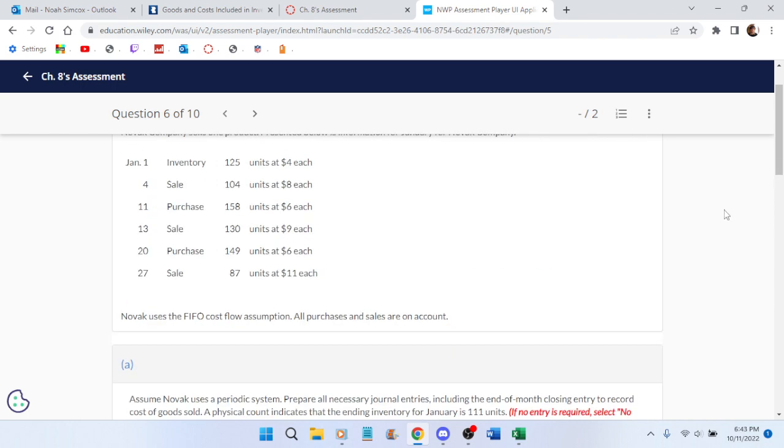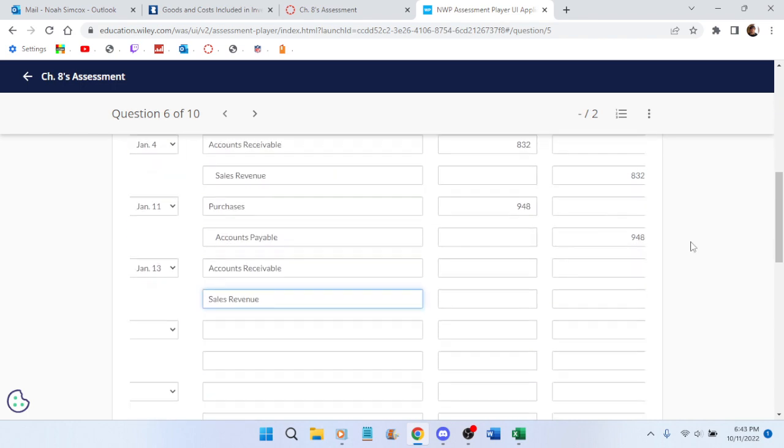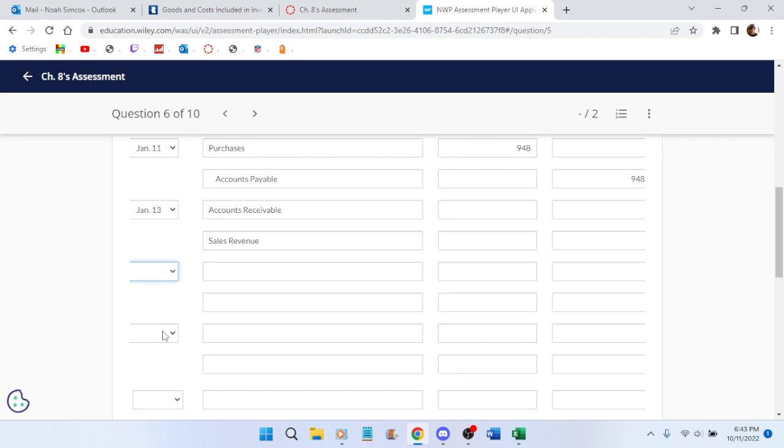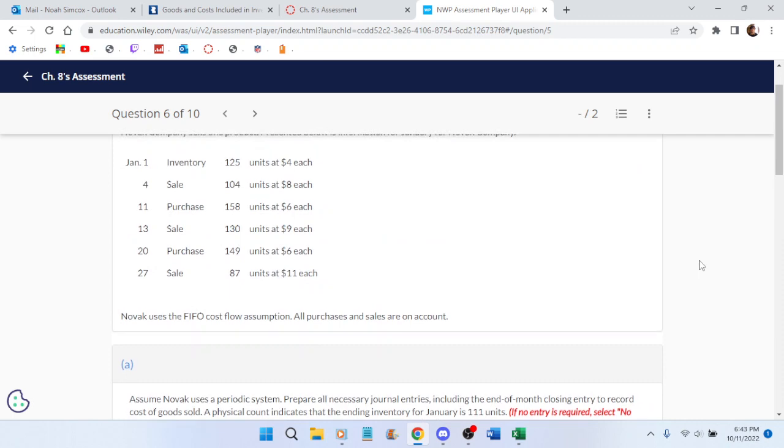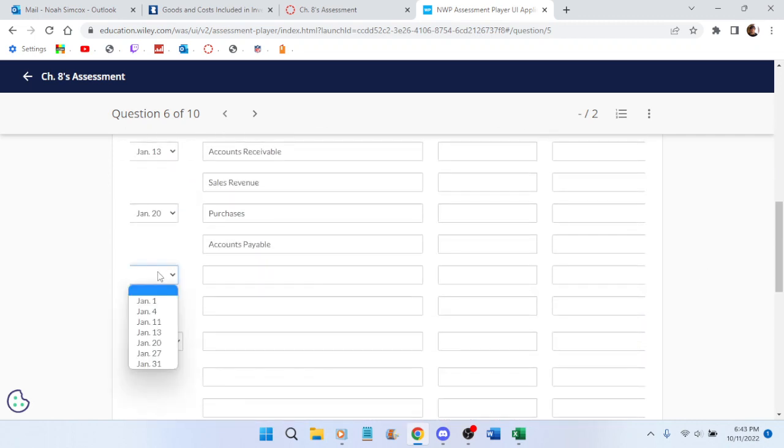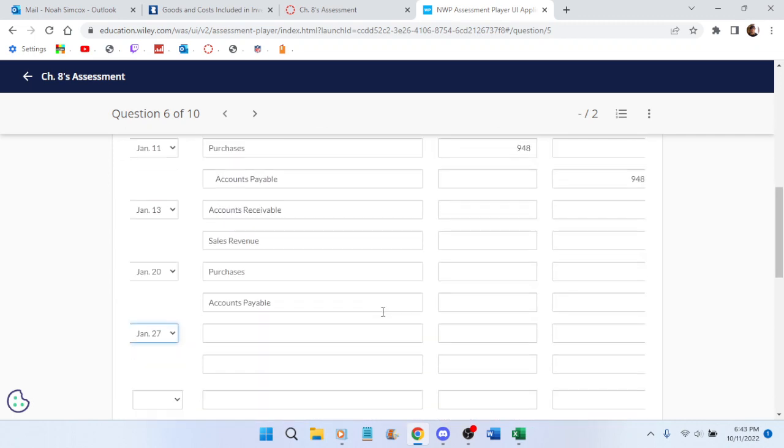And then the 20th is a purchase, so same thing as before again: purchases, accounts payable. And then a sale on the 27th.